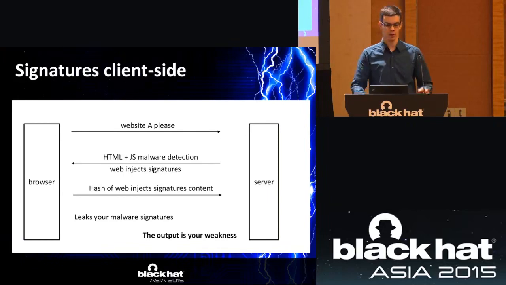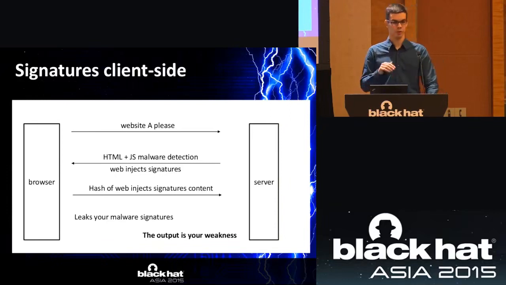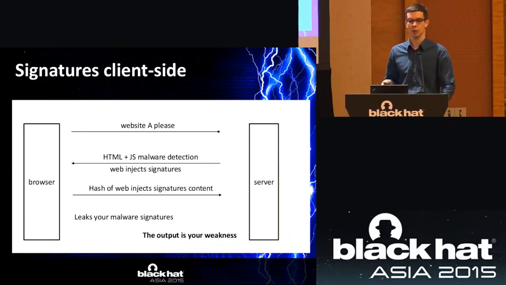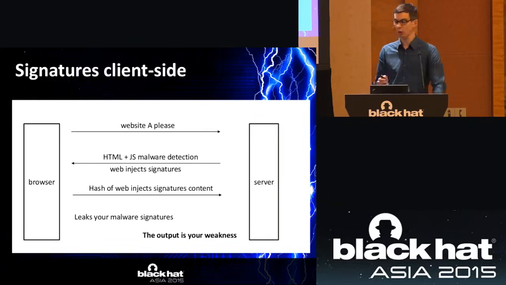Maybe a few words about what those signatures were. There were some string values, for example some function names, some variable names, which were checked inside the JavaScript code or HTML code of the site. If they were present there, it means that a particular web inject was detected on the user machine. For example, it was some variable names, global JavaScript function names.